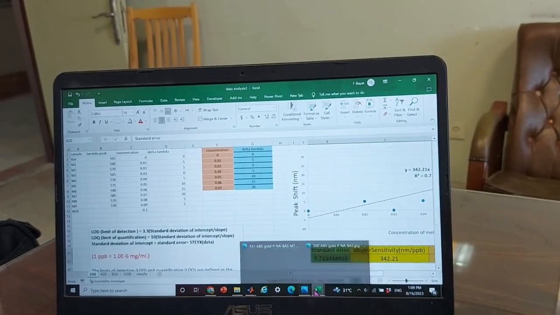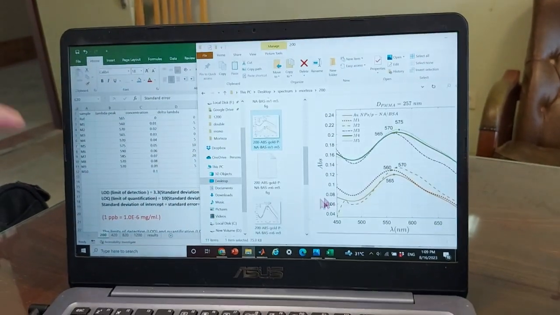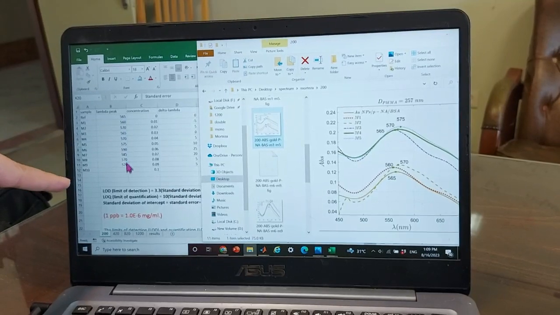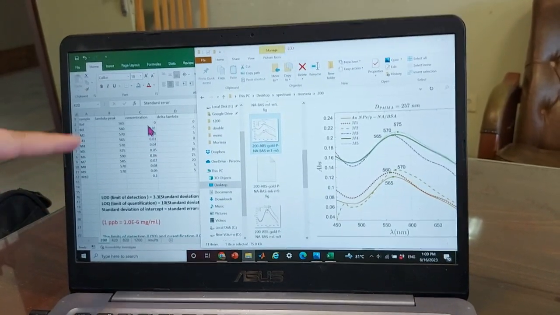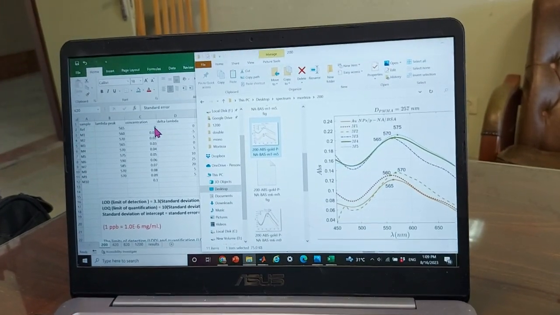From the figures that I sent you yesterday, I wrote the peaks here, the lambda peak for each one. And this is the concentration. The reference one has no melamine, so the concentration of melamine is 0.